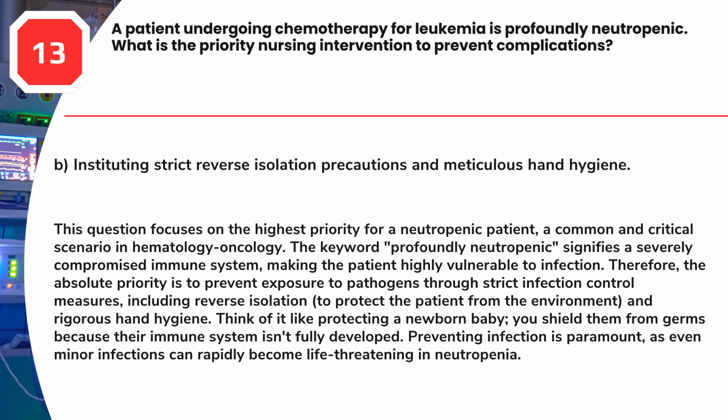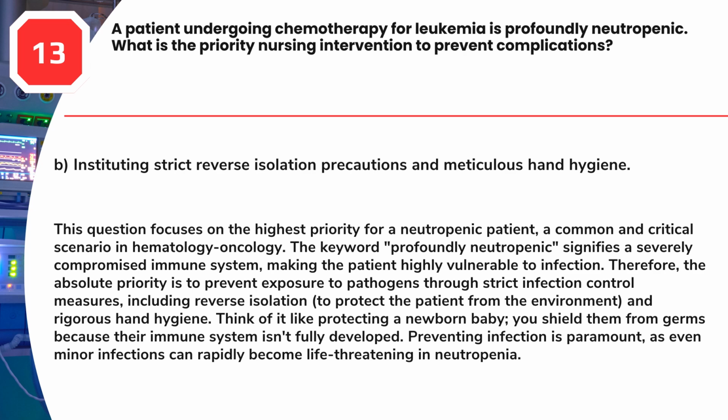This question focuses on the highest priority for a neutropenic patient, a common and critical scenario in hematology oncology. The keyword profoundly neutropenic signifies a severely compromised immune system, making the patient highly vulnerable to infection.